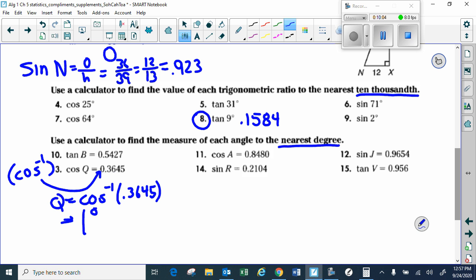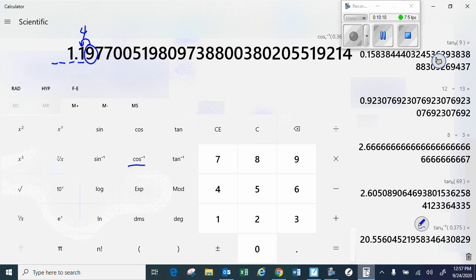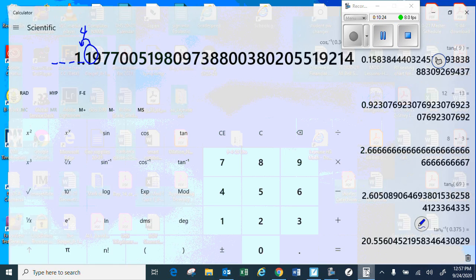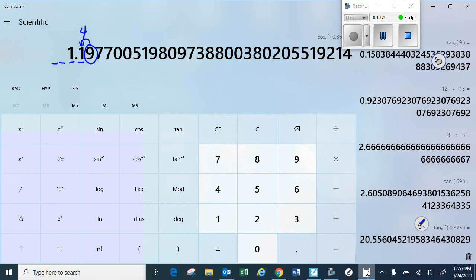Let me check, because that's not sounding right. Inverse cosine of 0.3645. I wish I had a calculator on me. Let's make sure. Let's clear this out.